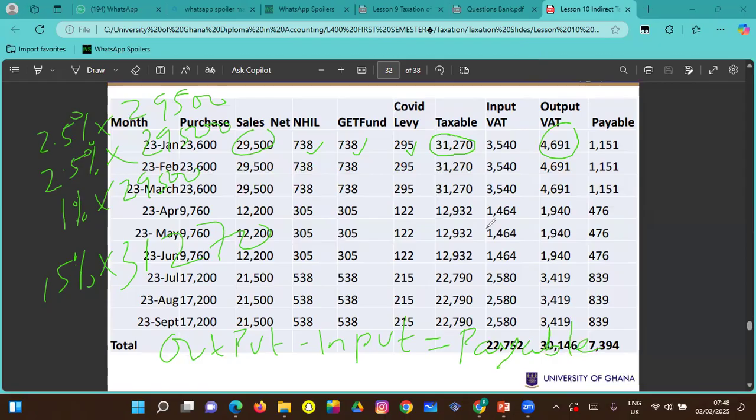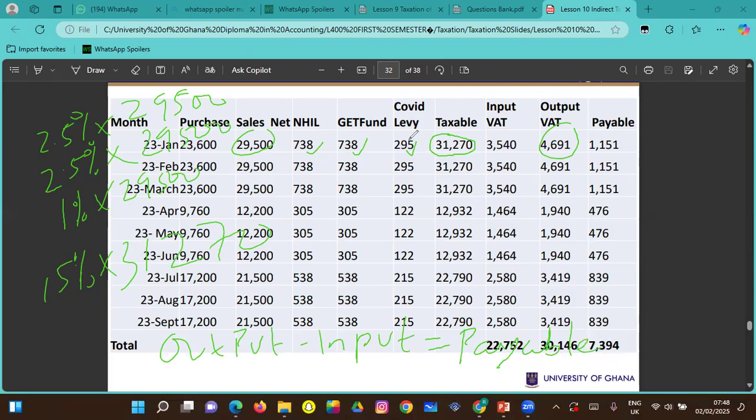This looks easy. Just note that if you want to calculate output VAT, it's your sales plus your NHIL plus Get Fund plus COVID levy before you apply the VAT. But for purchases, you are not going to apply any NHIL or Get Fund or whatever on it.